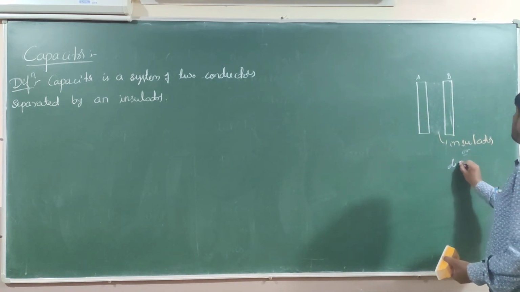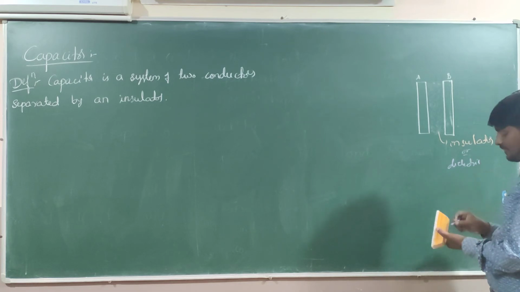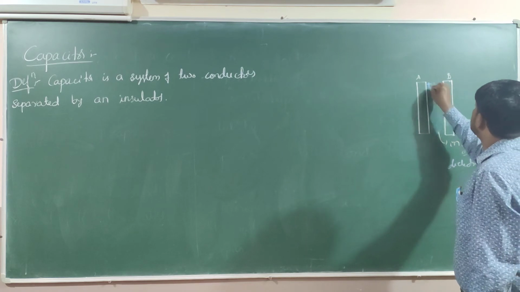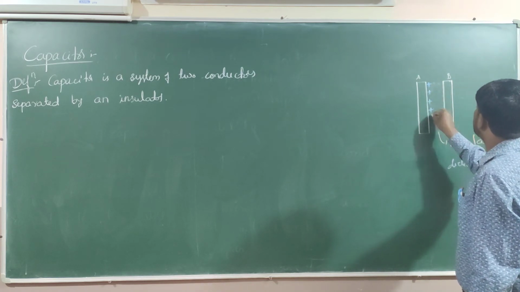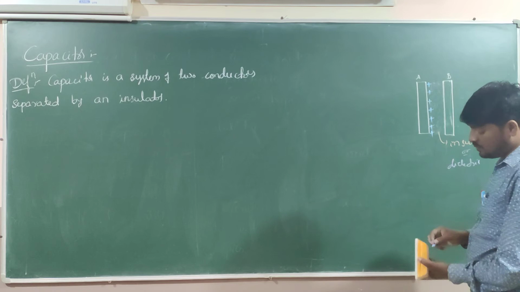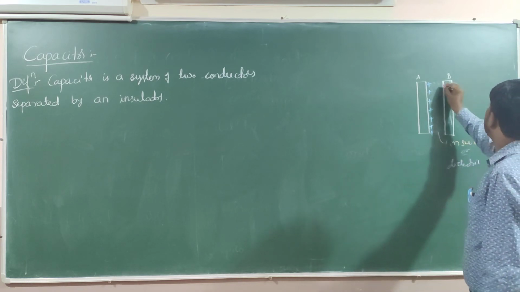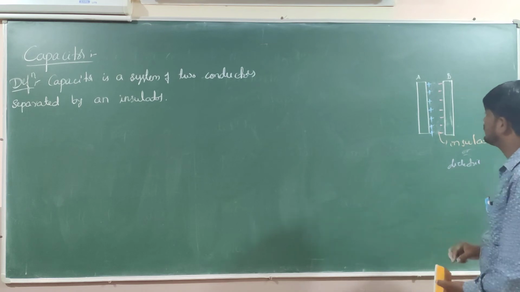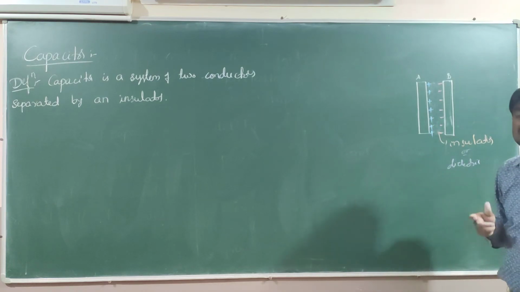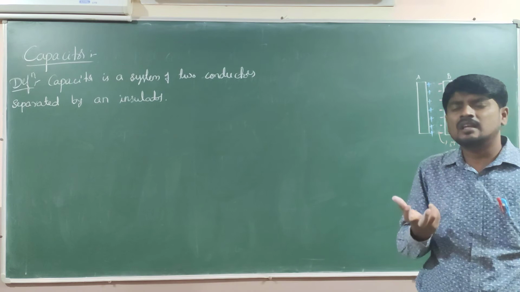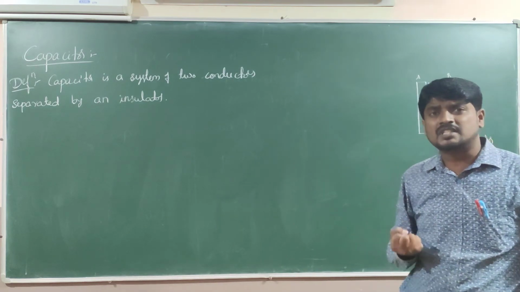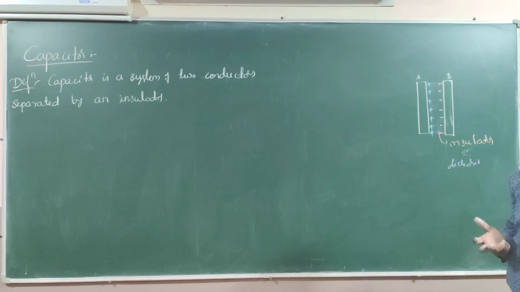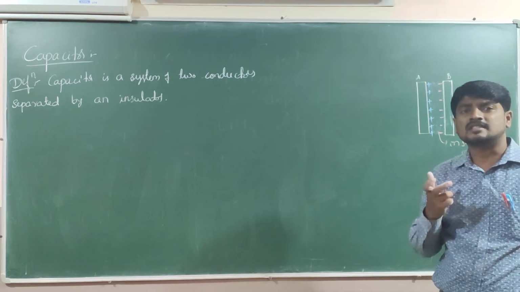After this, plate A is acquiring only the positive charge, and plate B must have the negative charge. So one plate is acquiring positive surface charge density and plate B is acquiring negative surface charge density.